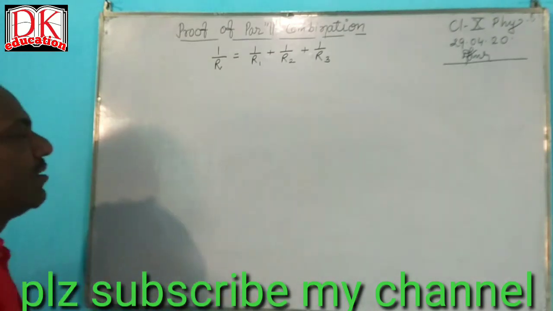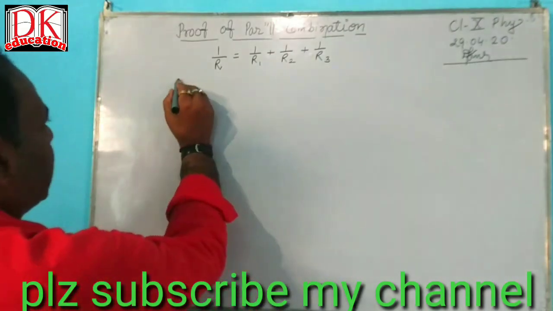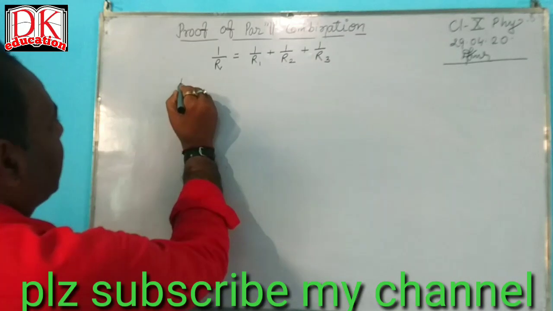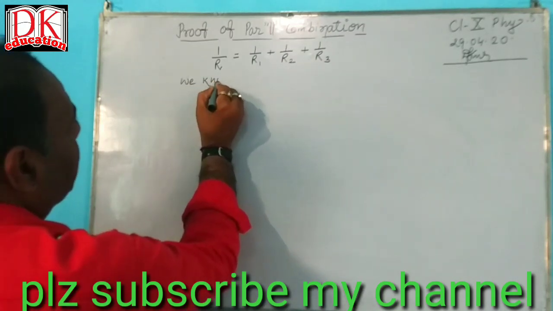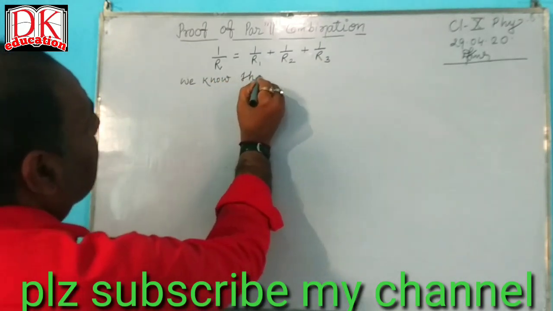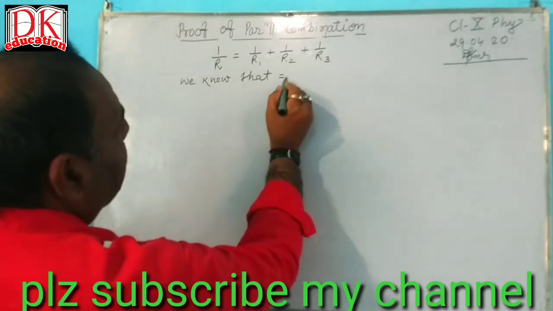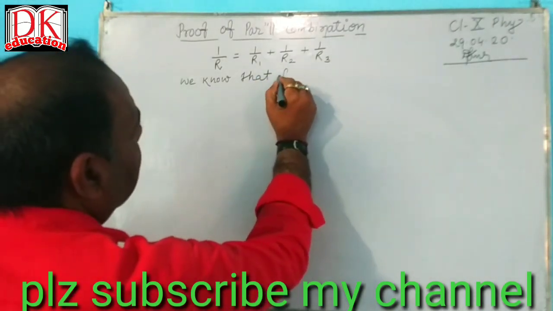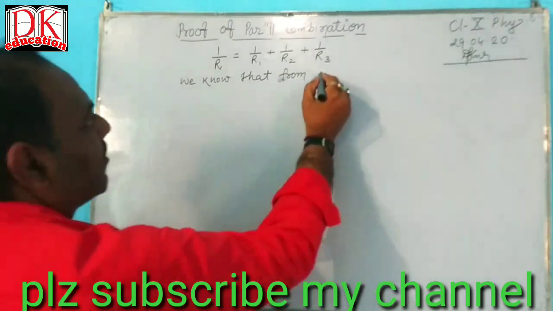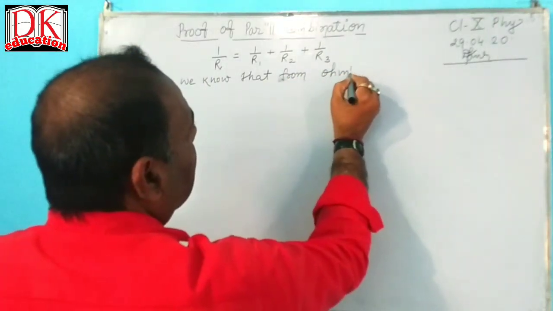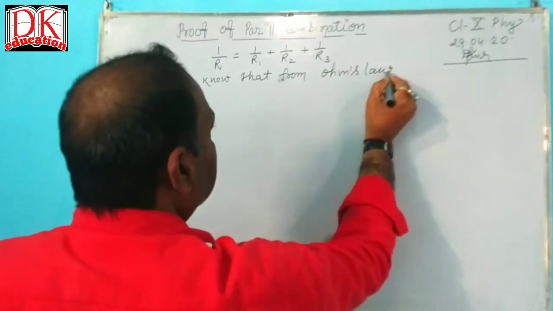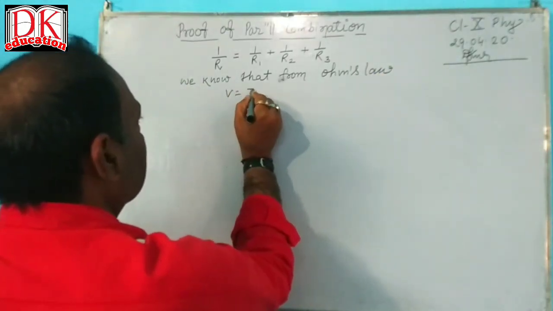In this combination, we know Ohm's law: V is equal to IR.